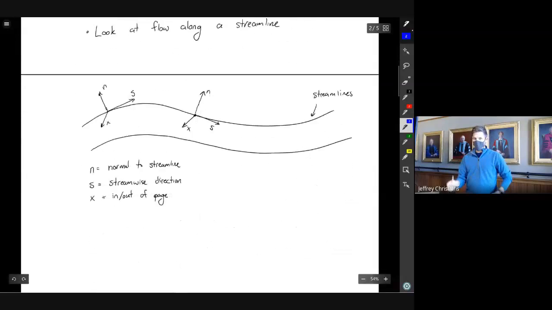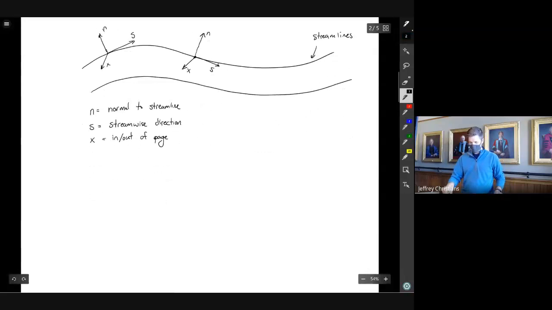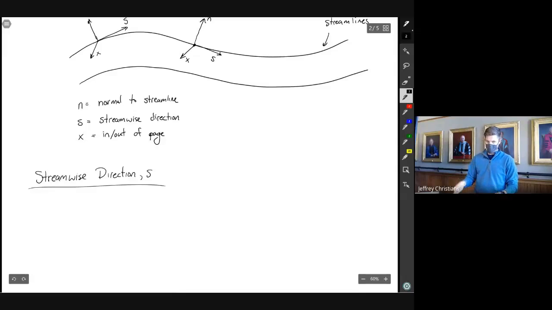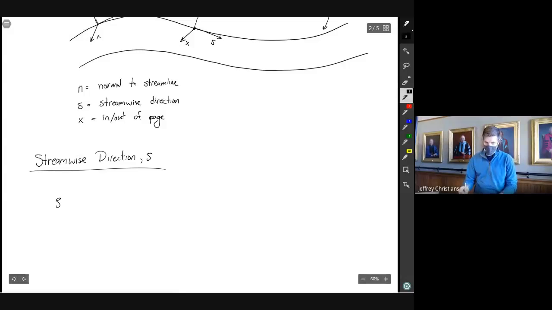So if we look at the streamwise direction, S, we could write rho v dv/ds equals rho g_s minus dp/ds.